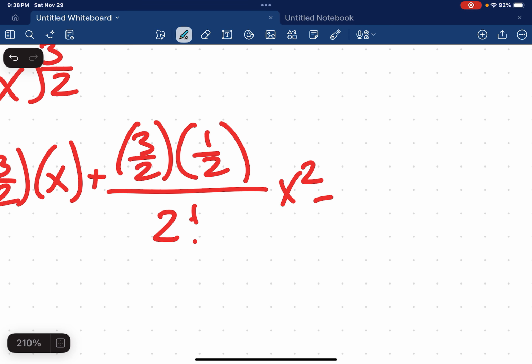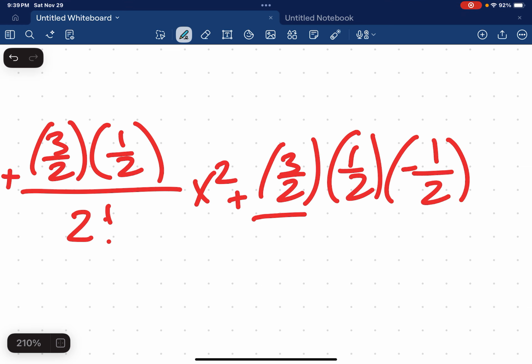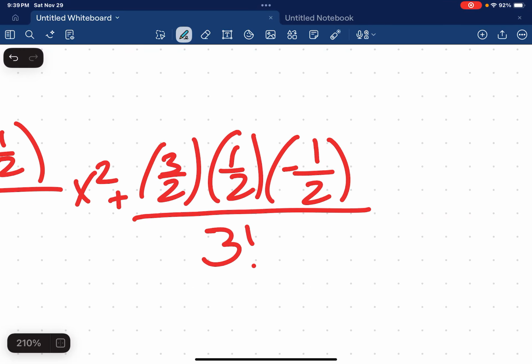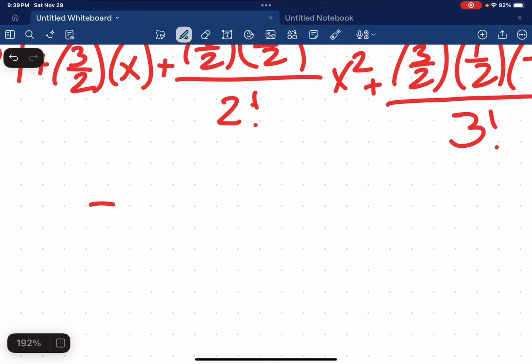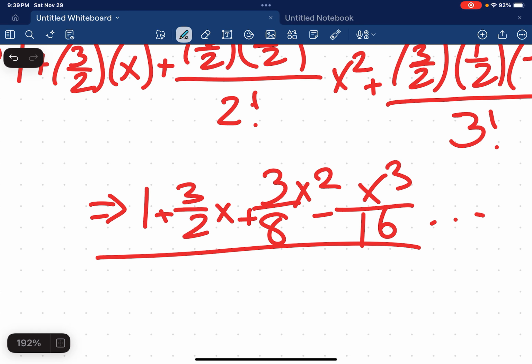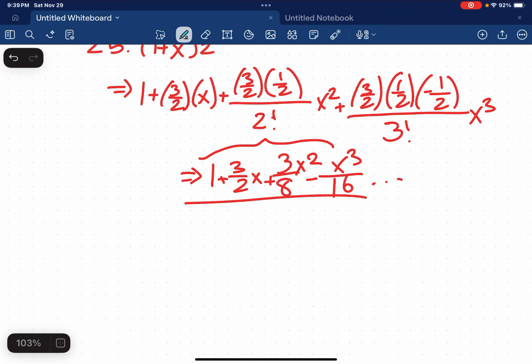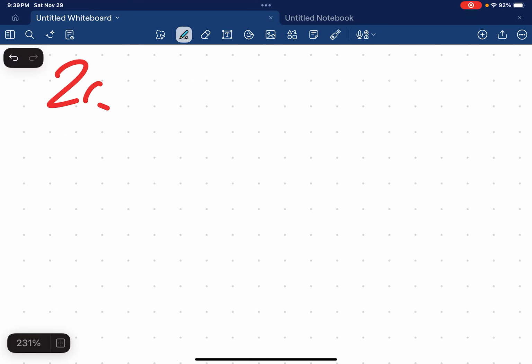Plus 3 over 2, 1/2, and then 1/2 minus 1 again, negative 1/2. So now, unfortunately, we're going to have a negative number in here, times x cubed. And this all simplifies to 1 plus 3 over 2x plus 3x squared over 8 minus x cubed over 16. That is our answer. This is the first 4 terms. Okay. Onward. 2c.